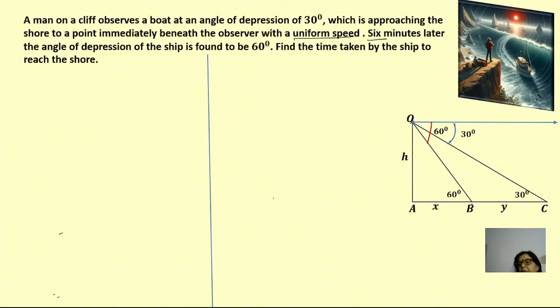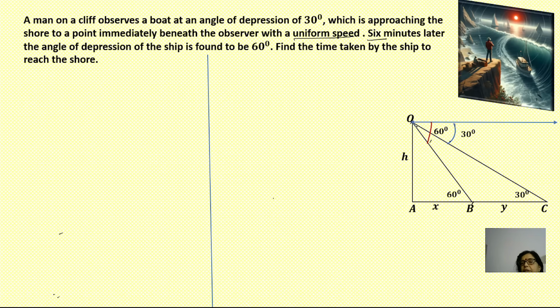As the ship comes after 6 minutes to this point B, the angle of depression becomes 60 degrees. So we need to find the time taken by the ship to reach the shore. That means ultimately when it reaches this position A below the cliff, what is the time taken for that? So now let's try to understand this question more thoroughly.